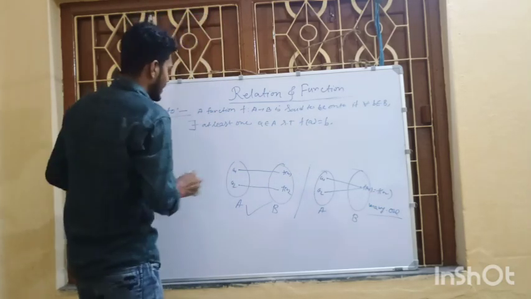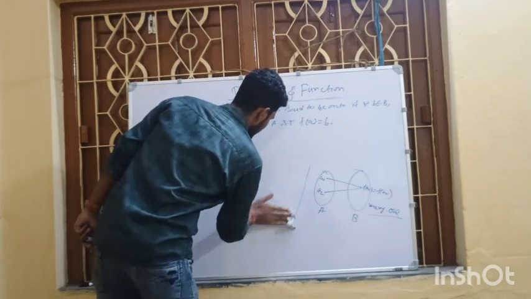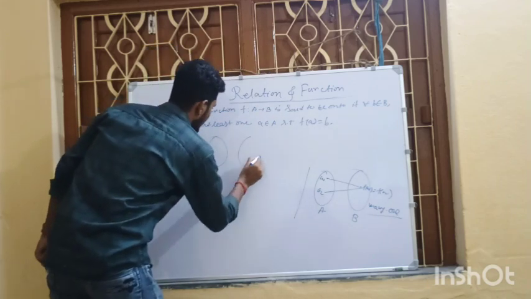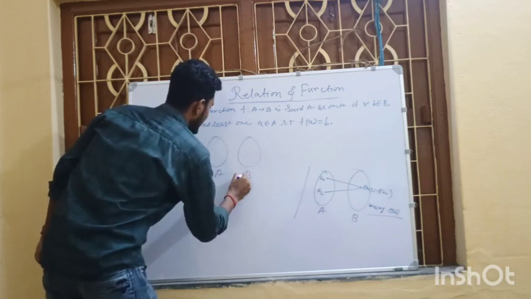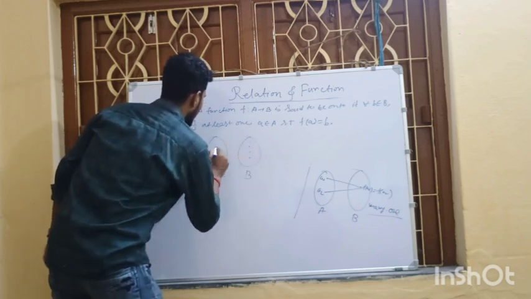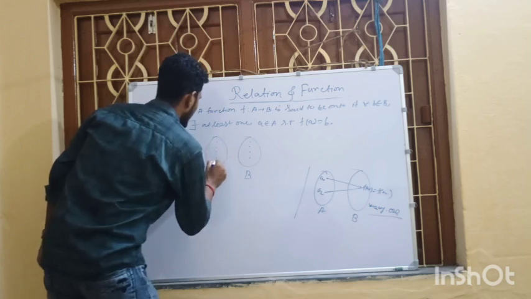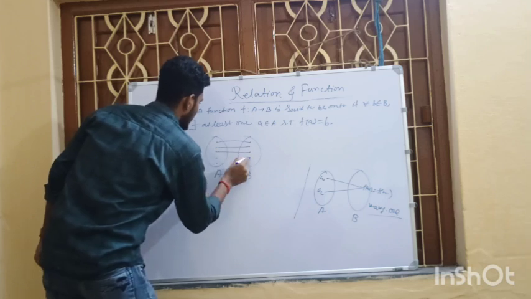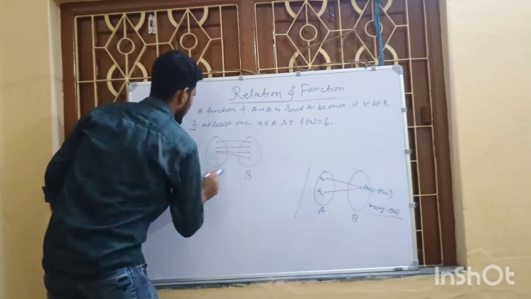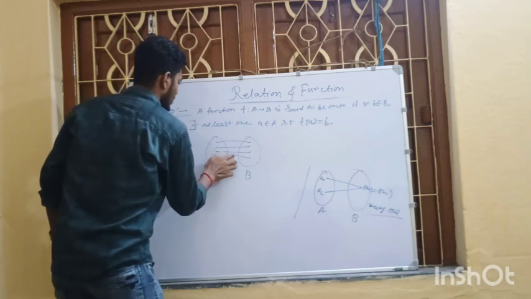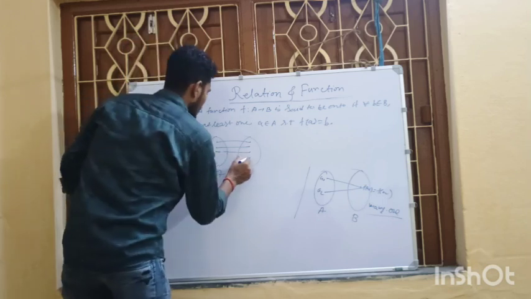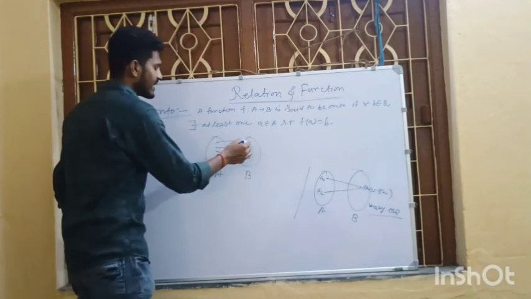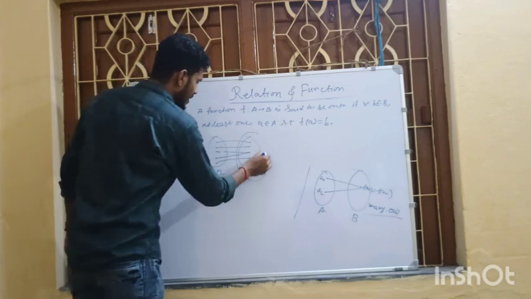That is a diagram. If this is your set A and this is your set B, then for each element of B there is a pre-image. Sorry, this is actually not a map if there is an element in set B that is left out.